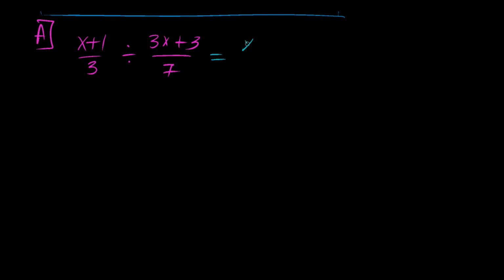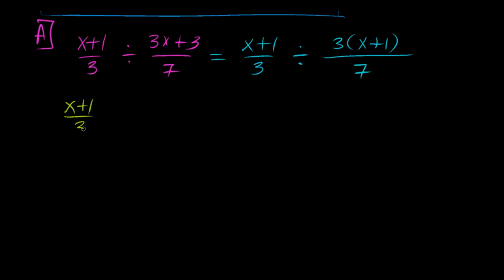Let's factor first. So x plus 1 over 3 divided by 3x plus 3. We have a common factor of 3, and the 7 down here. Now let's invert this fraction and change that to a multiplication sign. 3 times x plus 1.